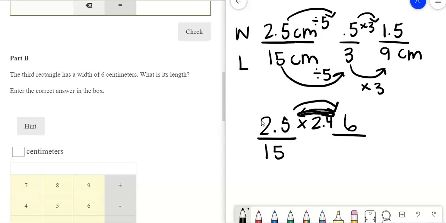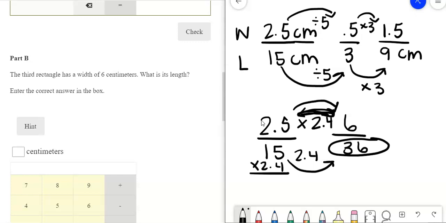So 15 times 2.4 is going to be 36. To do that, I took 15 times 2.4, get 60, and then 300, but there's one decimal spot. So 36.